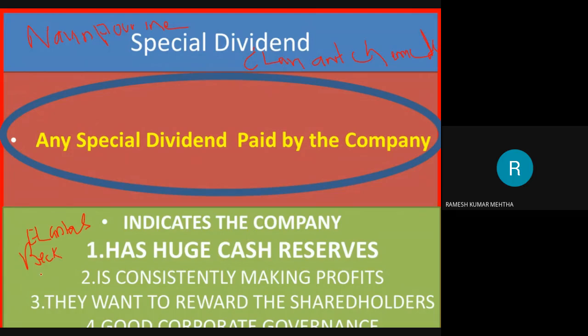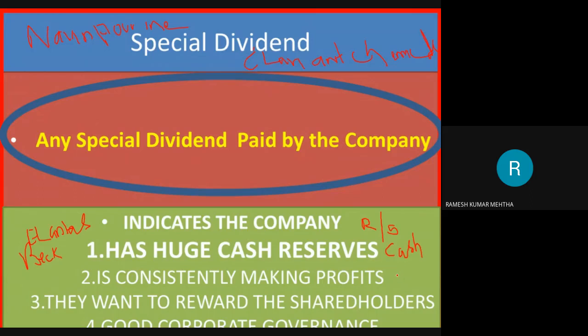So special dividend is nothing but a lump sum and a very handsome dividend, I will call it. And this is paid out of the reserves and surplus of the company. Number two, this is possible only when the company has cash reserves, a huge amount of liquidity in the balance sheet.